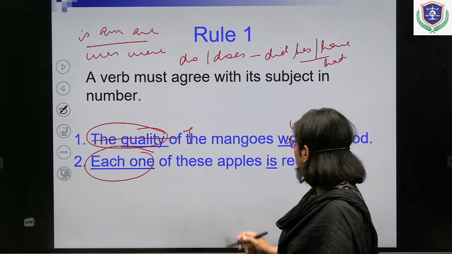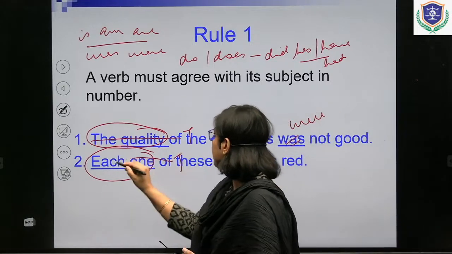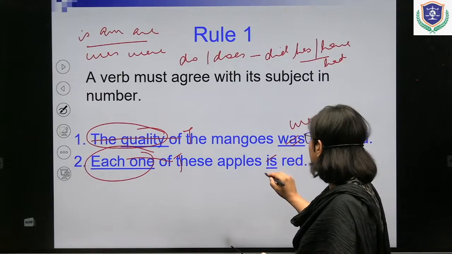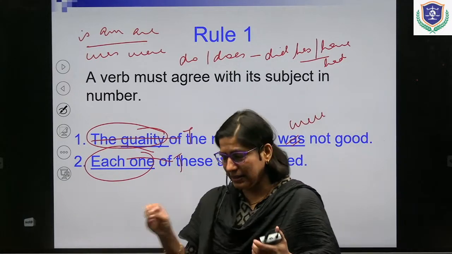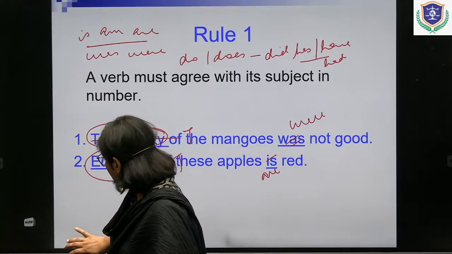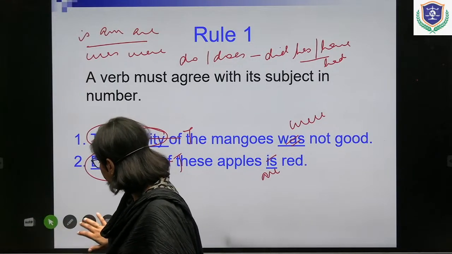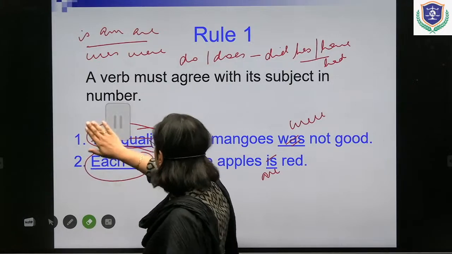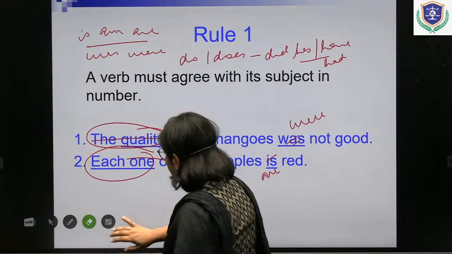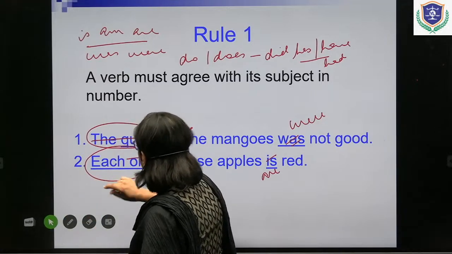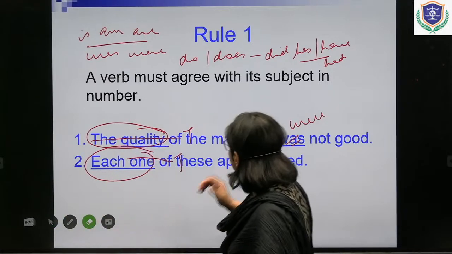Okay, or these apples are red. Of course, very basic, but this is what you have to be sure of in order to be aware of. Okay, so this is one thing.